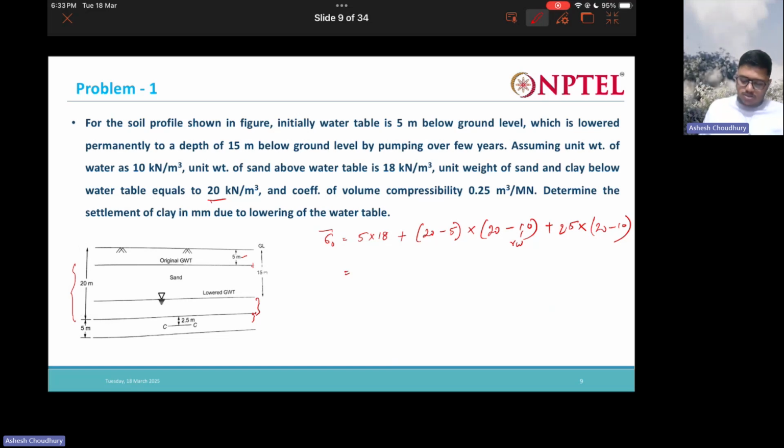So 5 into 18, then we have 15 into 10, and then 2.5 into 10. So this will come out as 265.